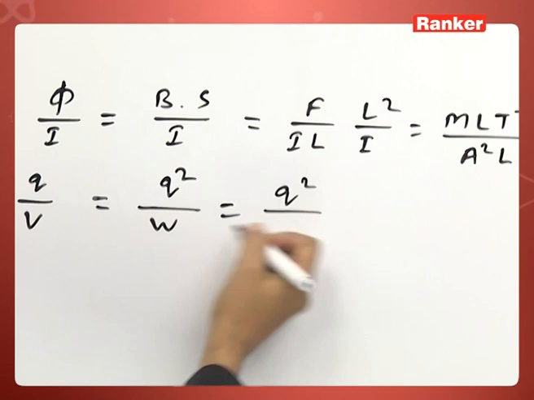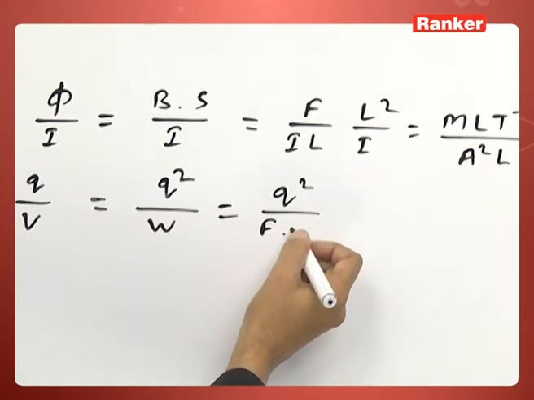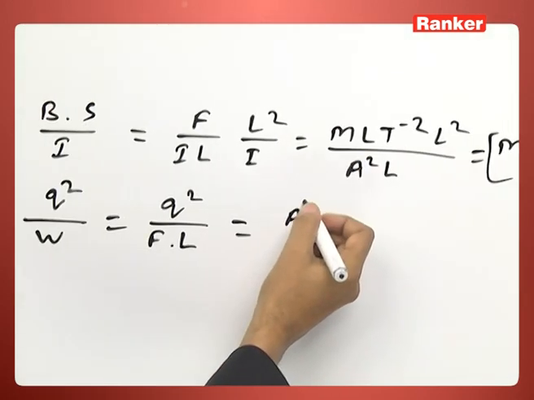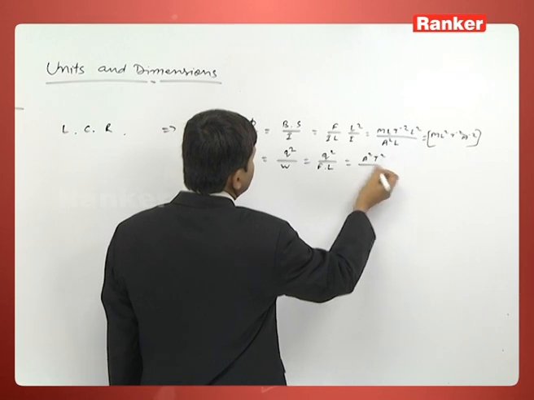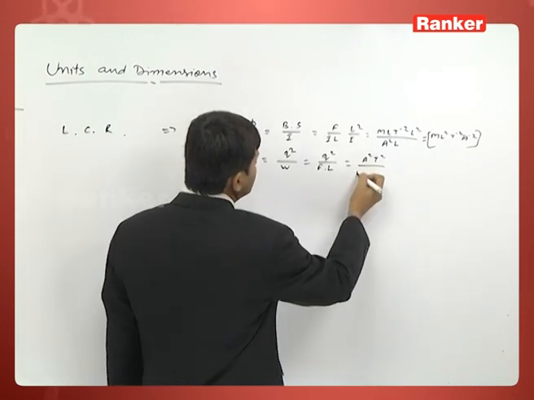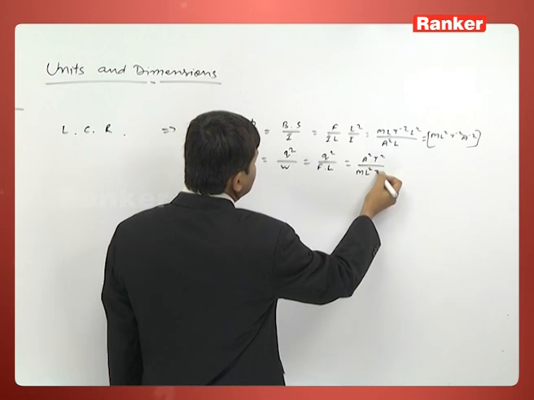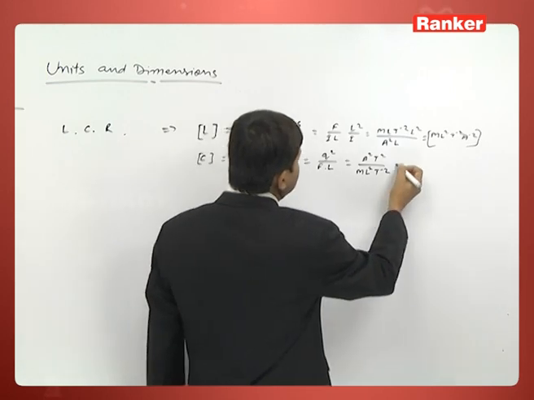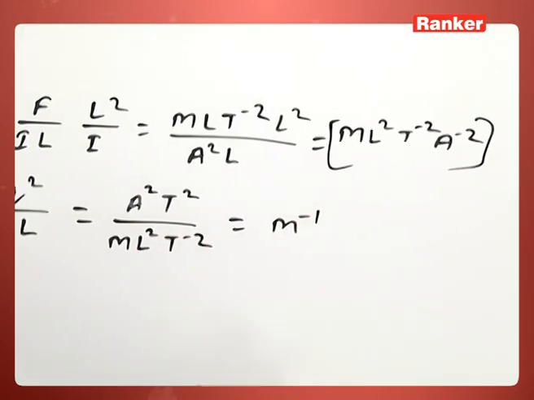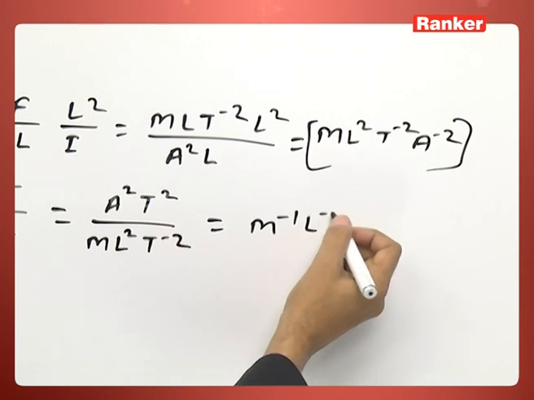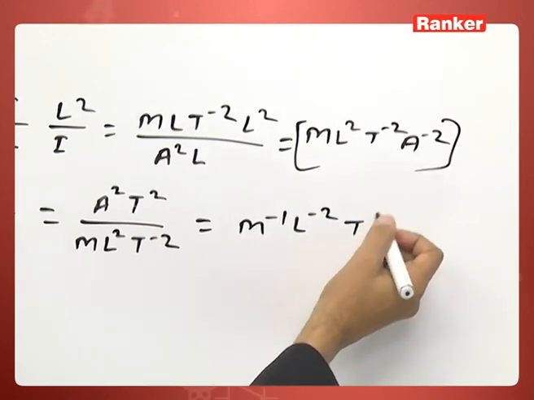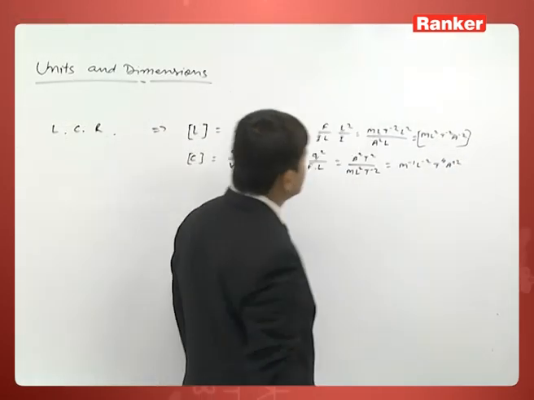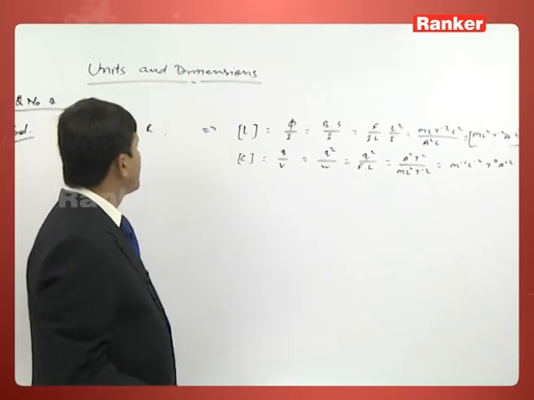Now Q square by work done, and work is force into displacement L. So Q is A T, so A square T square, and F is M L square T minus 2. So the dimension of C is M minus 1 L minus 2 T to the power 4 A plus 2. So this is the dimension of C.